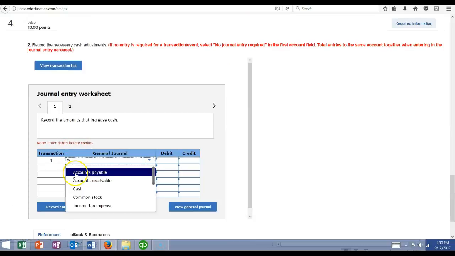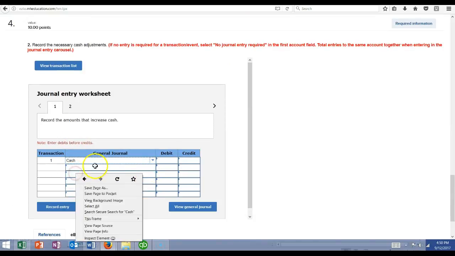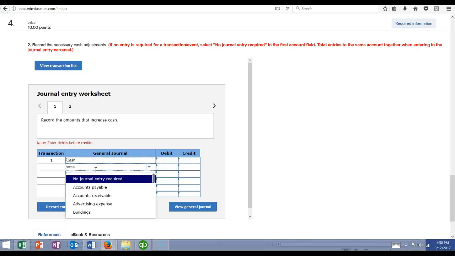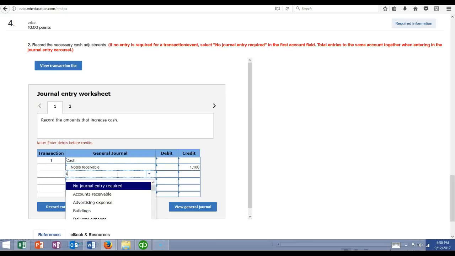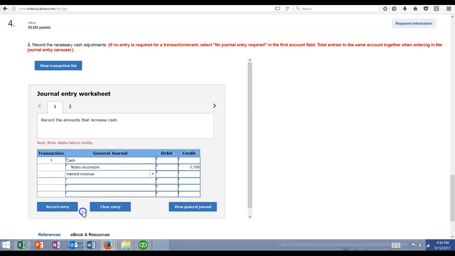So we'll debit cash, and we're going to credit a note receivable of $1,100. We will also credit interest earned, or interest revenue, of $90. Our cash will be $1,190.